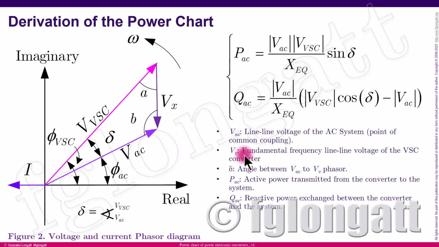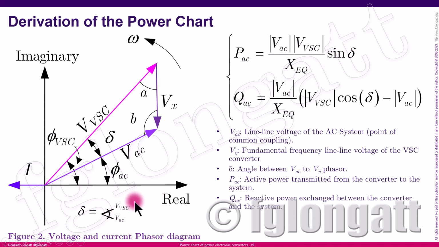The first relationship is to define the active power that is produced by this very simplified circuit representing the voltage source converter. As you can see here, the active power is the product between the magnitude of the AC voltage and the internal voltage of the power converter, divided by the equivalent reactance, and what is extremely important is the sign of the angle delta.